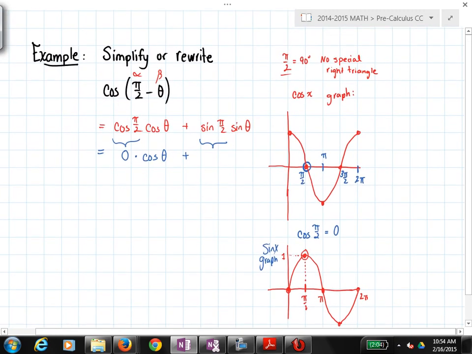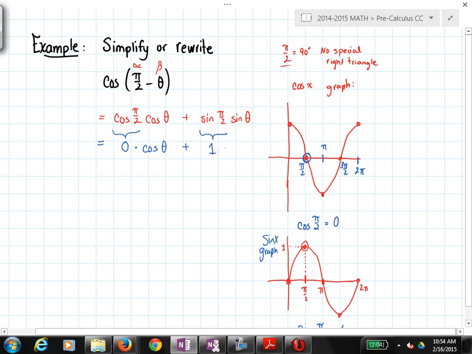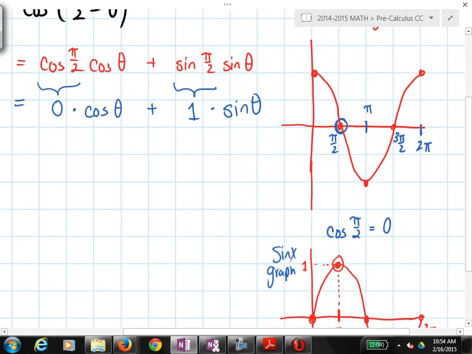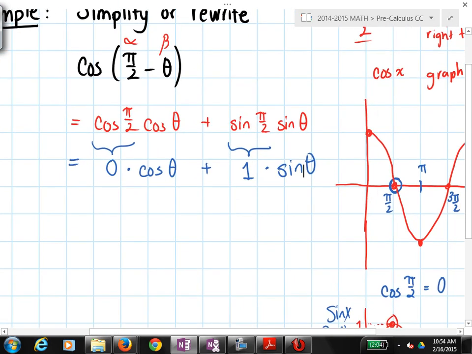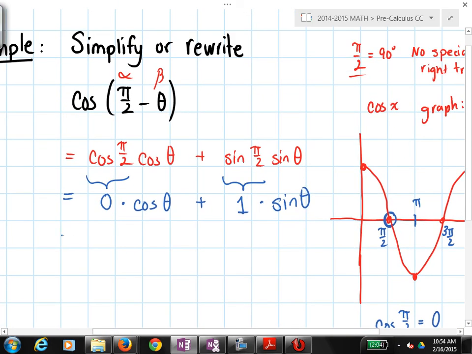Let's go back to our problem and replace 1 here times sine of theta. Now, if I simplify this, continue with this whole thing right here, 0 times cosine of theta is going to simplify to 0. And I'll be left with just simply this, 1 times sine of theta, which is simply sine of theta.